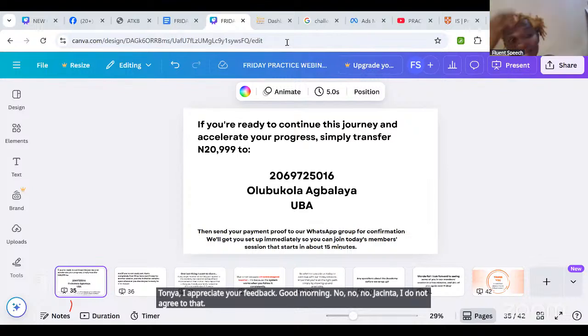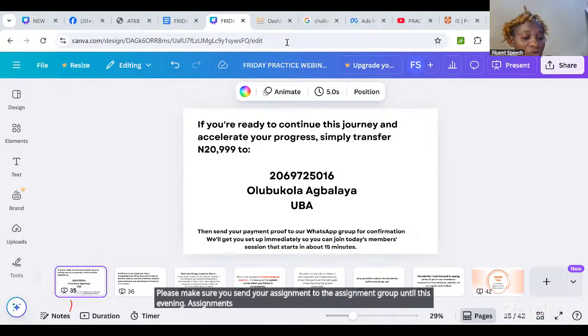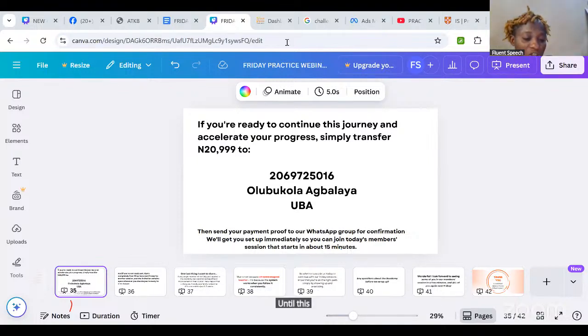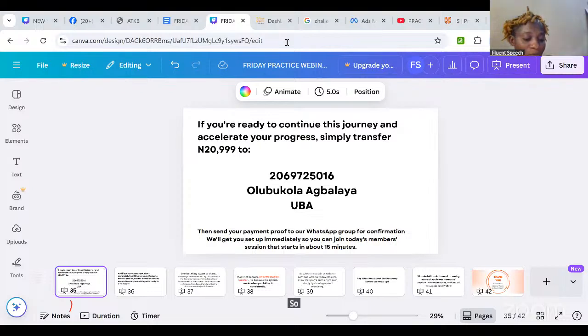Please make sure you send your assignment to the assignment group until this evening. Assignments are not attended to on Saturdays and Sundays. I'm on my WhatsApp now checking the assignment group.